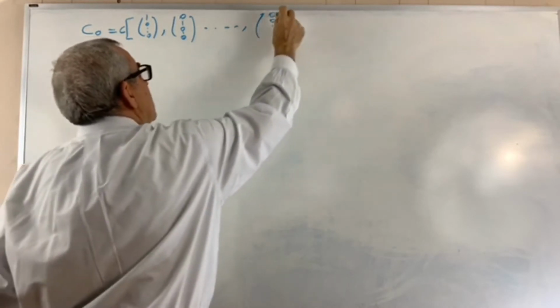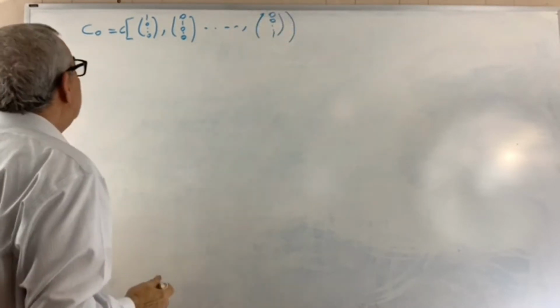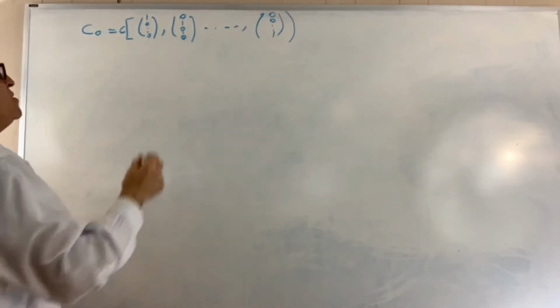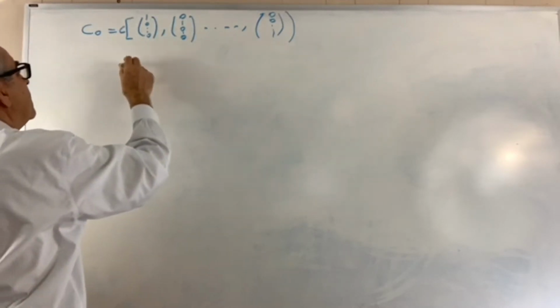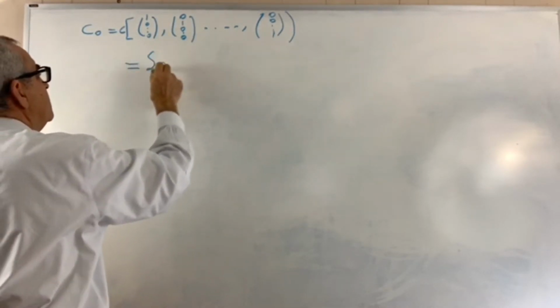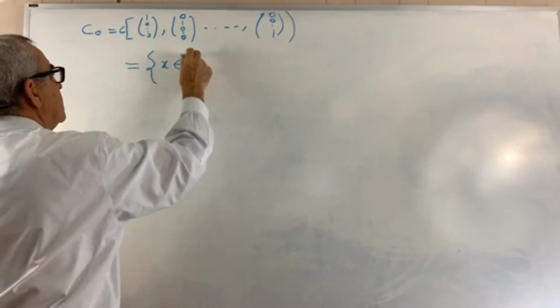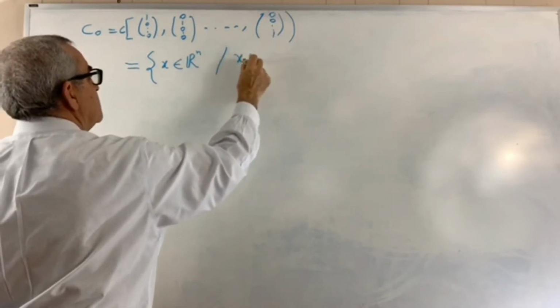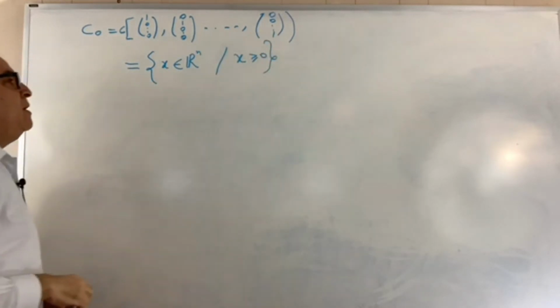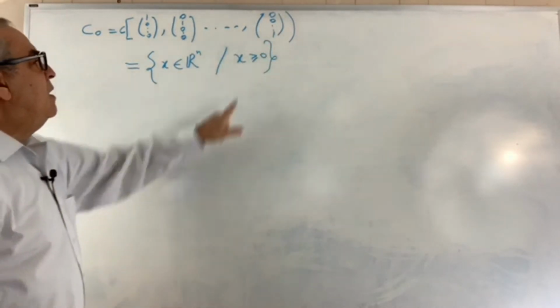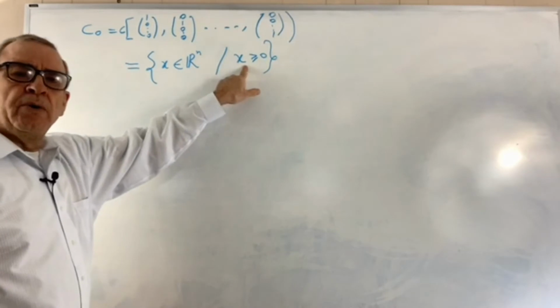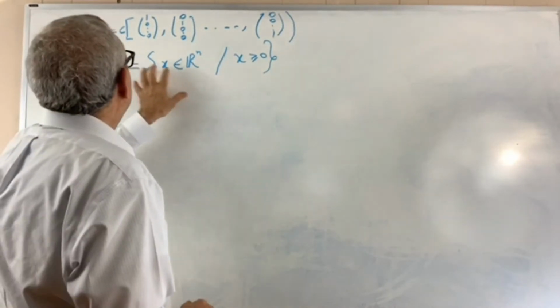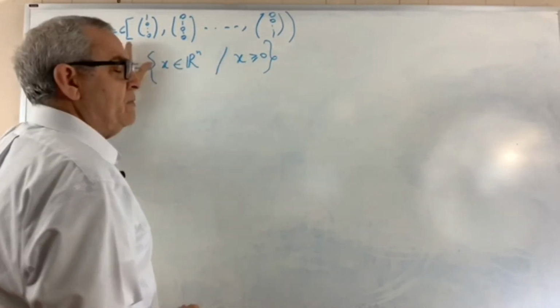That's our initial cone. You can rewrite it as the set of all x in Rn such that x is greater or equal to 0, which is one of the constraints in our optimization problem. So this represents our initial cone.